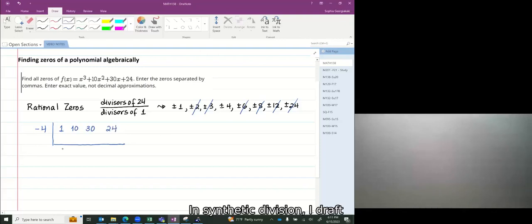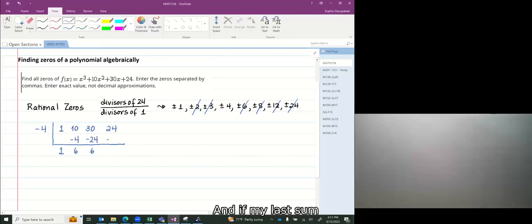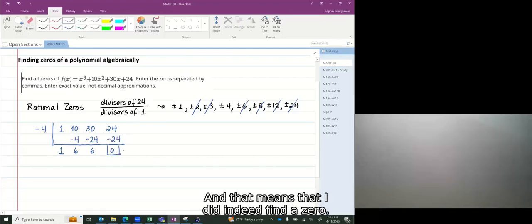So in synthetic division, I drop the leading coefficient, I multiply, I add, I multiply diagonally, and I add, and I multiply, and I add, and if my last sum is equal to 0, this is the remainder, and that means that I did indeed find a zero.